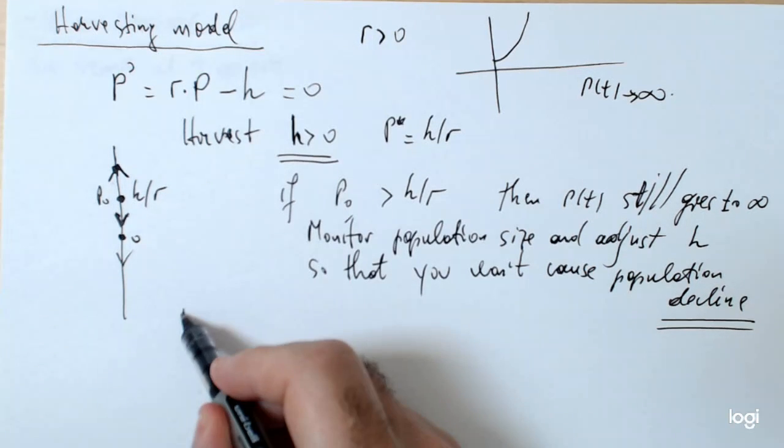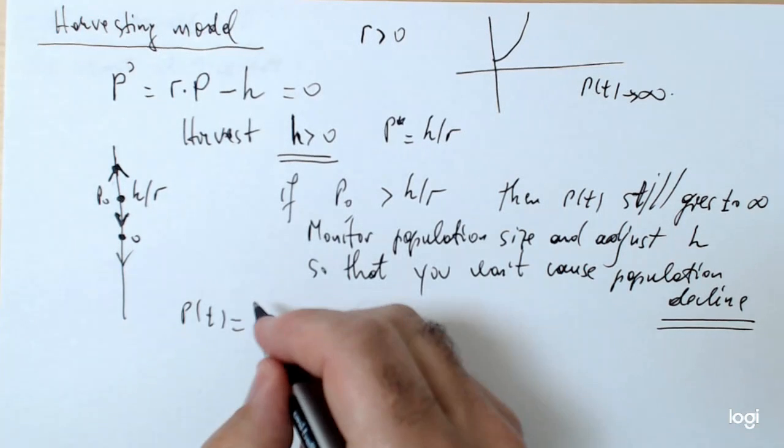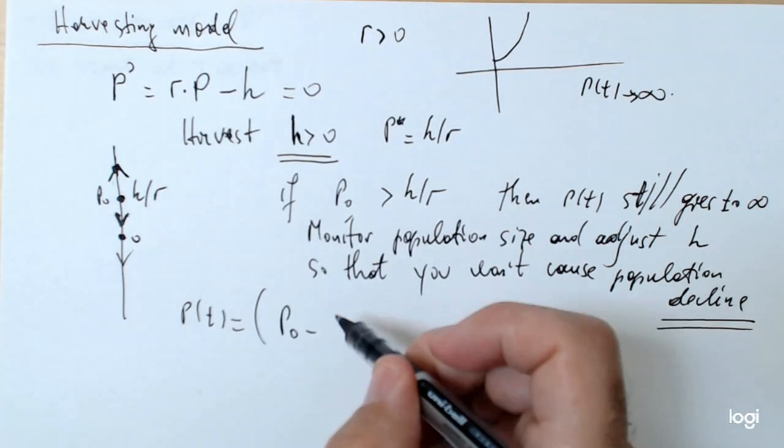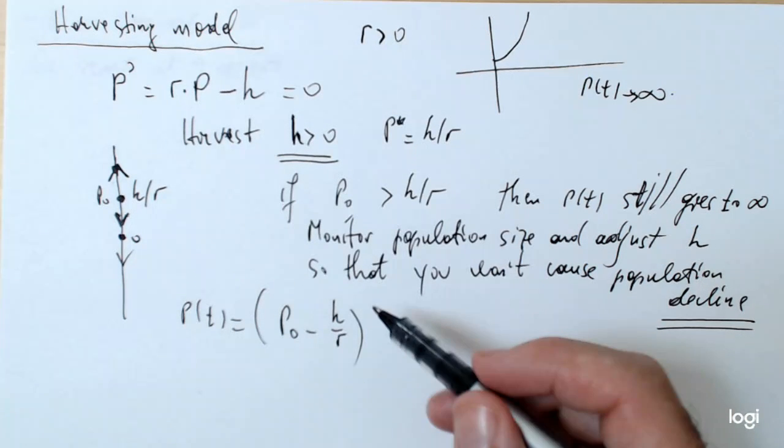In fact, we can write down the full solution. Again, don't worry if you didn't take differential equations, don't worry too much how this is obtained. I just want to illustrate a little bit what I'm talking about here.